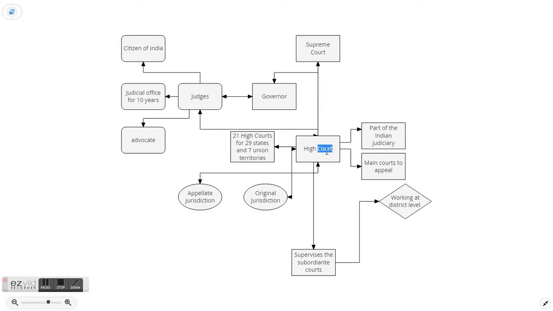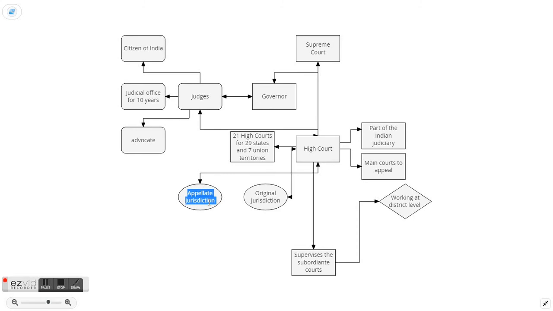The most important factor is that the high court has the power to hear and decide cases which are brought directly to it. This power is called original jurisdiction. If the case is brought straight away to the high court, that is considered original jurisdiction. When a high court hears an appeal against the decision of a lower court, it is called appellate jurisdiction.